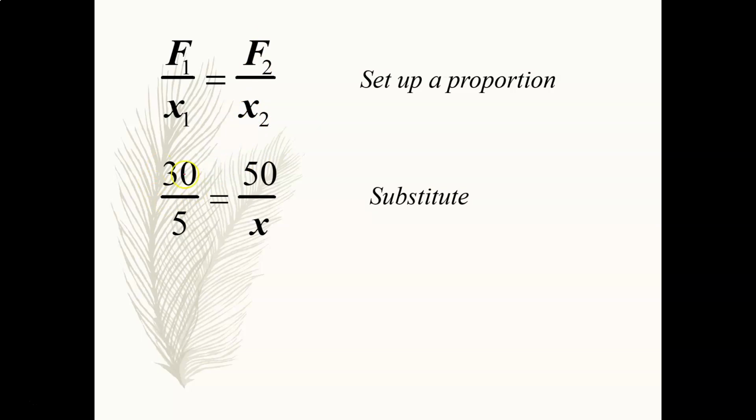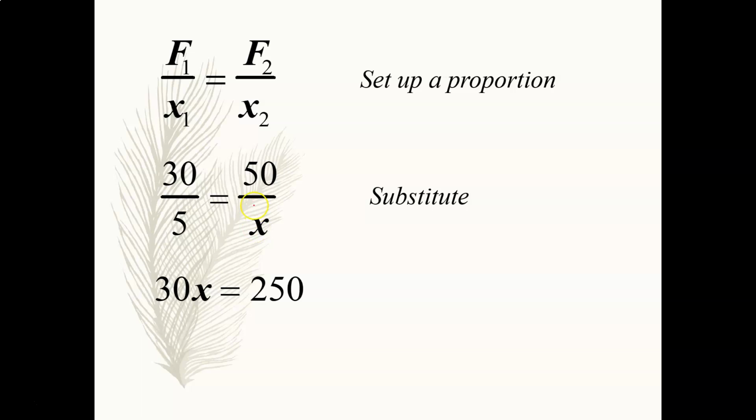Given that force 1 is 30, the length is 5 inches. When we apply 30 pounds, the length of the spring is 5. What if we apply 50 pounds? How long will it stretch?